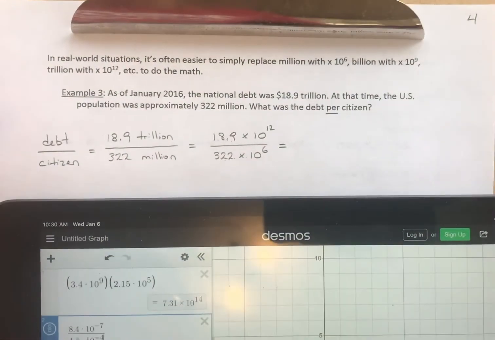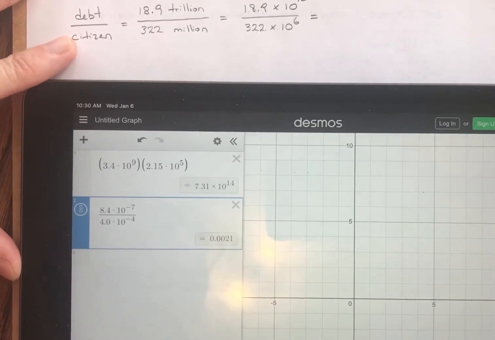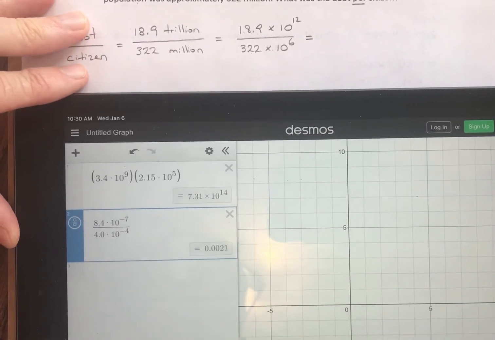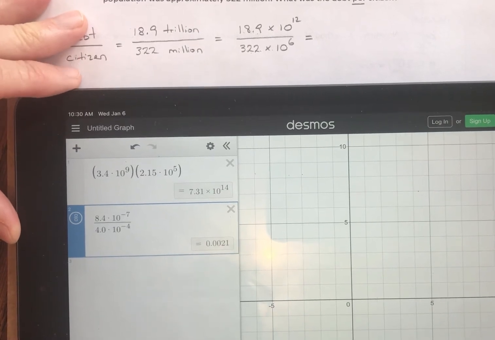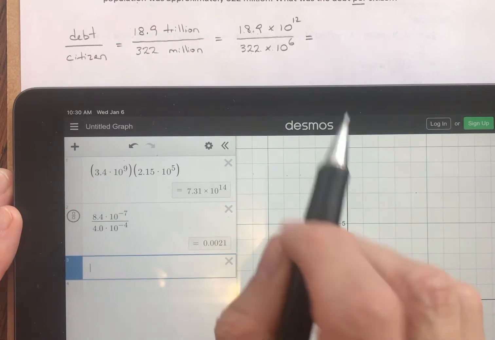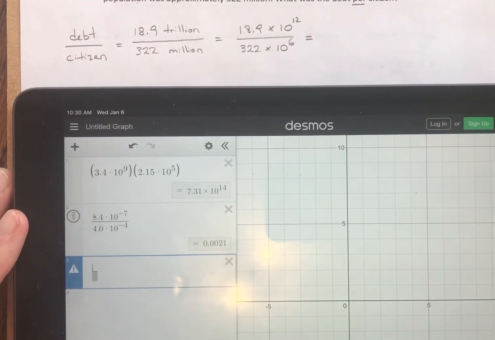So let's go back to here. And let's make sure you can see what I've got going. Sometimes it's tougher than others for me to get my screen correct. Okay. So I'll go down to row 3 in this case. Again, this is a fraction, so I'll press the division key first for the fraction bar.